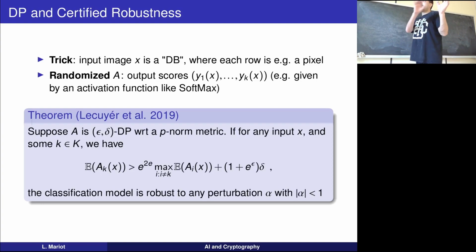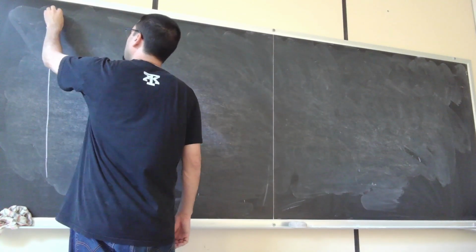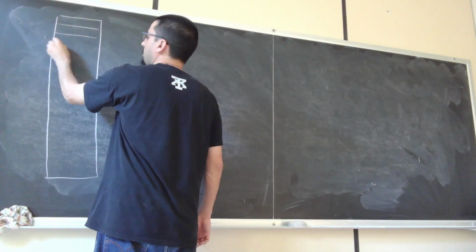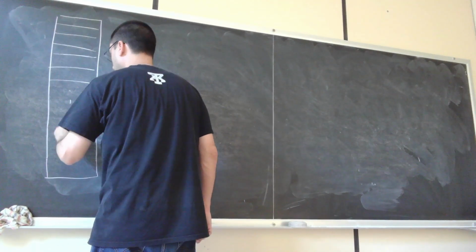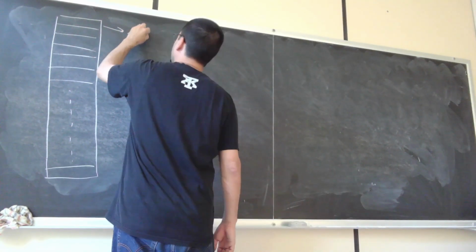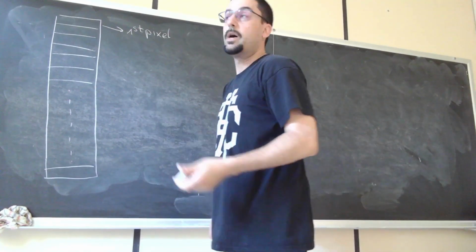So the connection between differential privacy and certified robustness, as we saw before, is to consider the input image as a database of a sort, where each row in this database will be a pixel. So we will have our image identified by a long vector, and each row in this vector will be the value of the first pixel for the first row, the second pixel for the second one, etc.